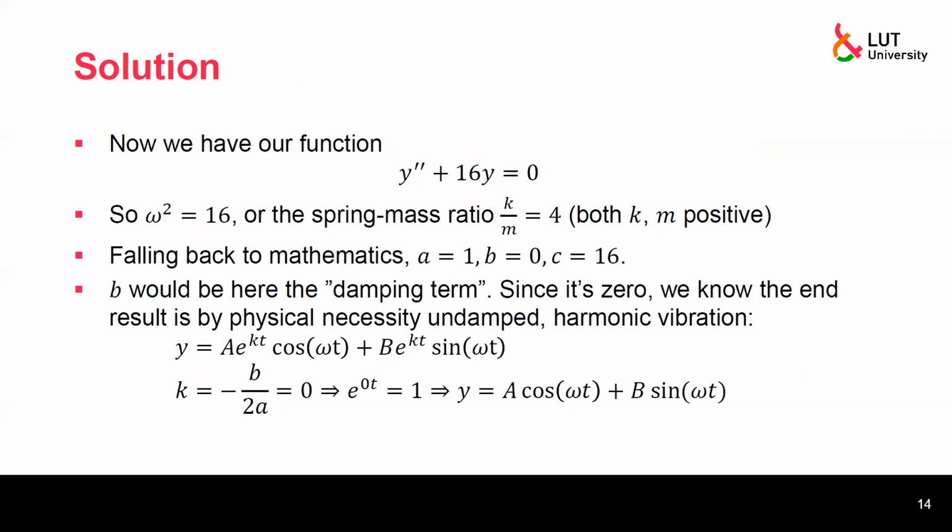We get it as a multiplier of the t in cosine and sine. Okay, we had a formula for that. It's 0 because b is 0 here. So we get the solution we had on the last slide, but with some reasoning why it is like that.